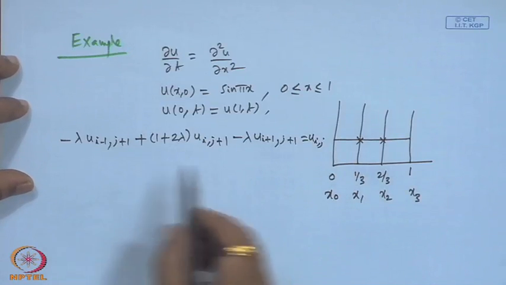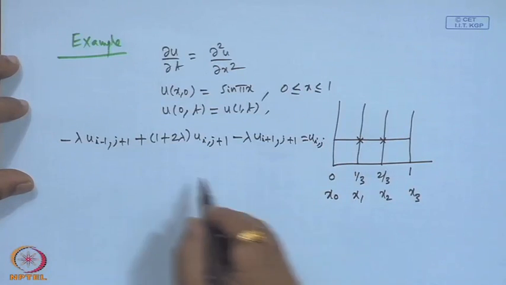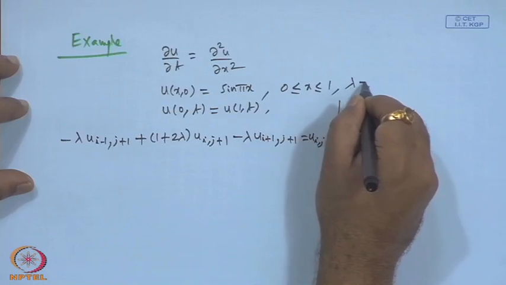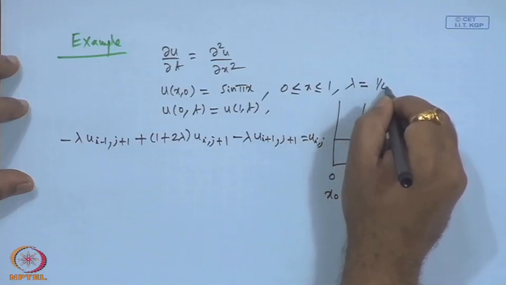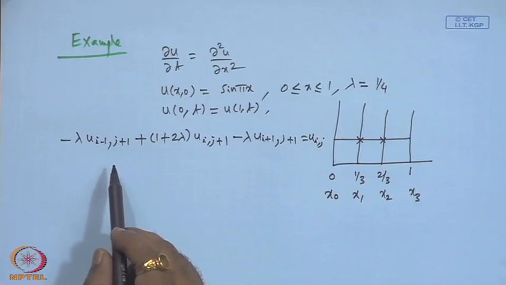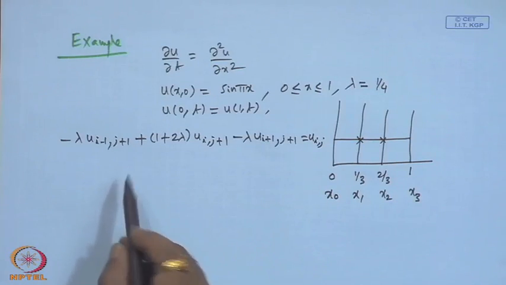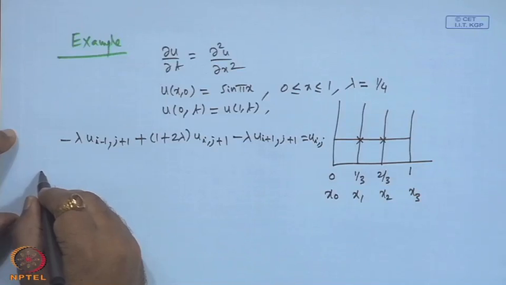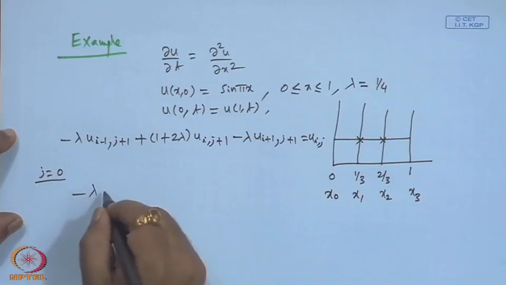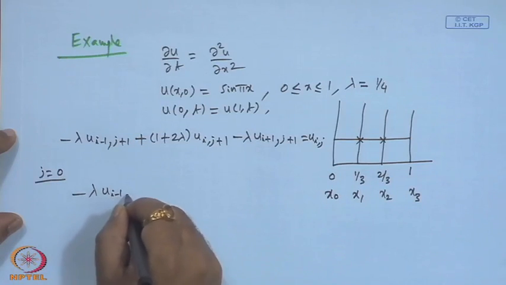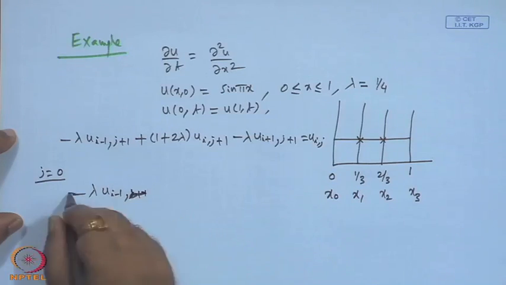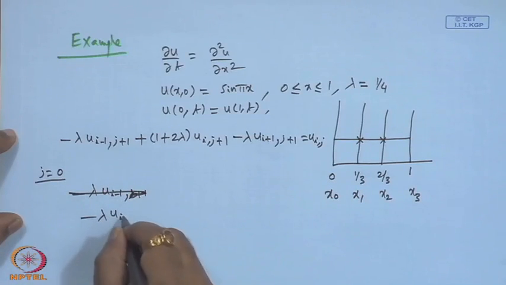Okay. Right. So, consider the case where we have lambda equals to 1 by 4. Okay. So, now j equals to 0.